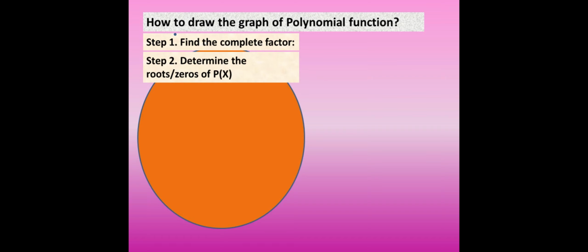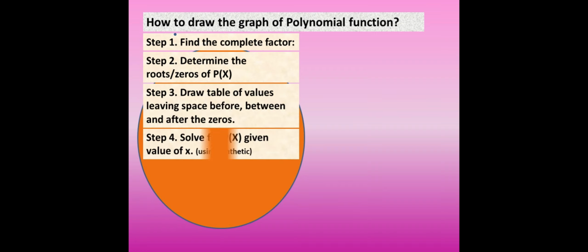Step 2, determine the roots or the zeros of the polynomial. What are the roots and the zeros? The zeros are the zeros of all the factors of the polynomial, so just equate them to 0. Step 3, draw the table of values, leaving space before, between, and after the zeros.